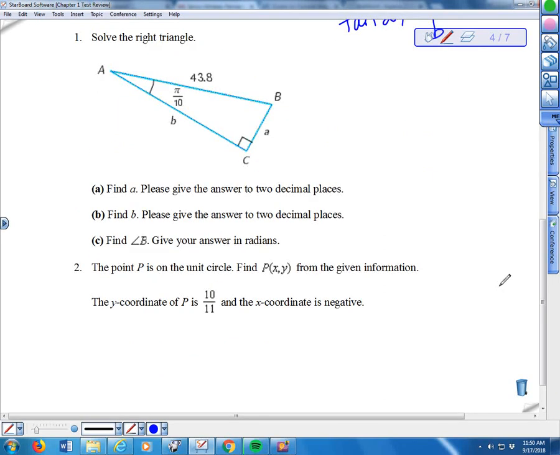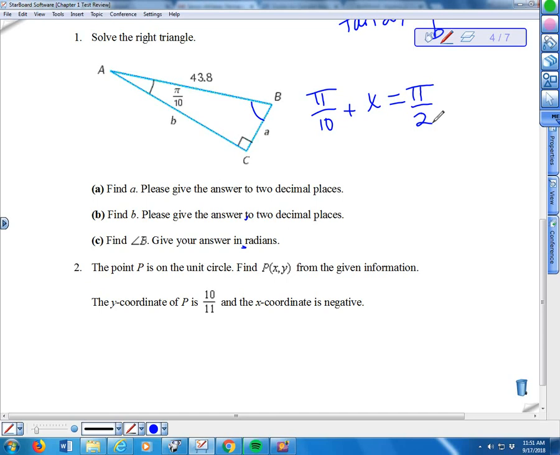This one I think is easiest. First off, if it's given to me in radians, this answer for B needs to be in radians too. So I know the two added together have to be 90, which is pi over 2, right?